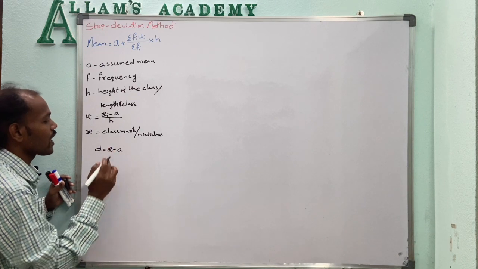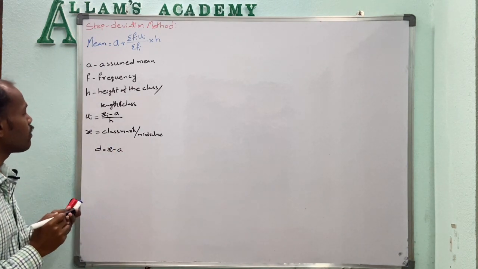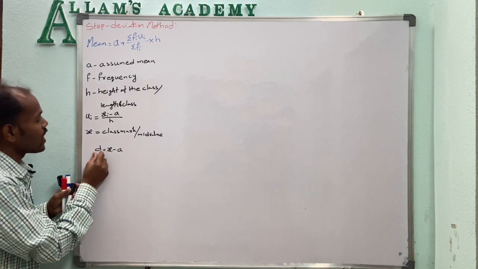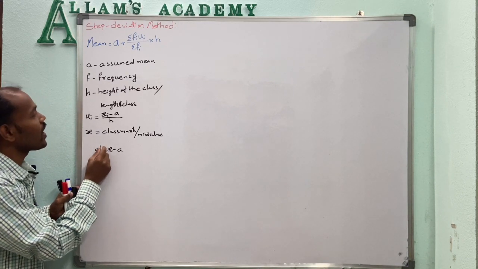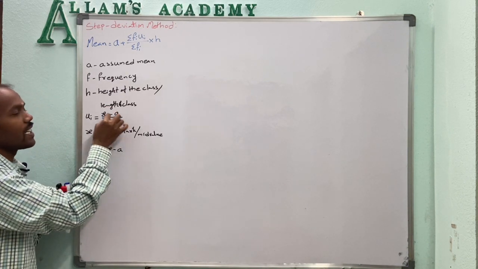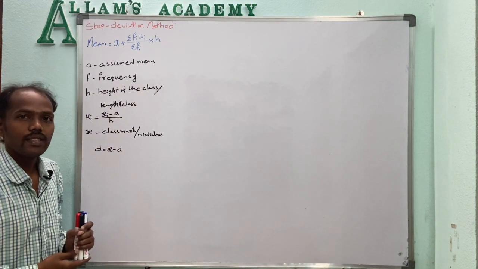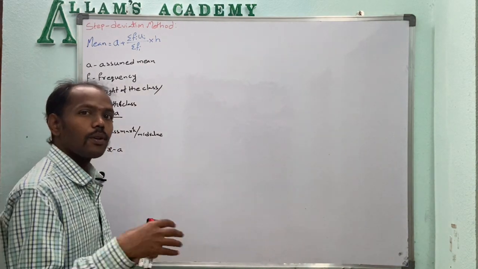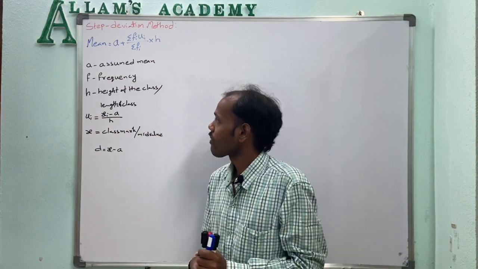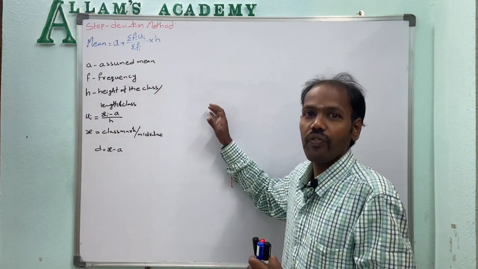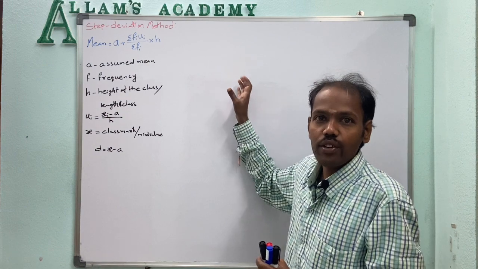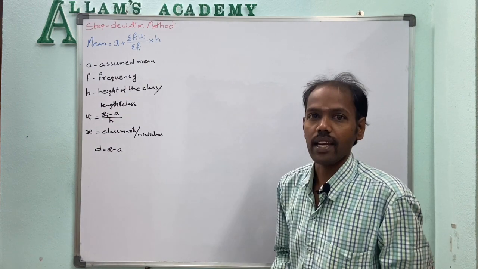So in that x minus a, the deviation, will be divided by the class height, and that is called u. So by using this principle, now we find the mean of the given grouped data.